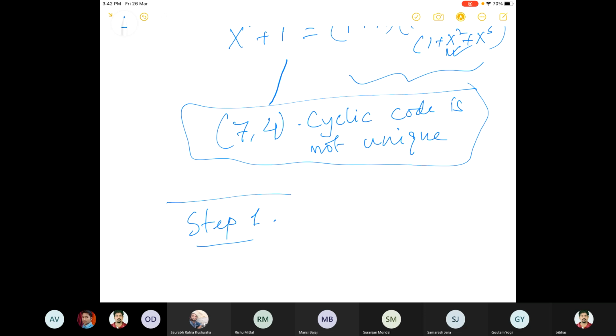The first step is finding the factors of x^n + 1.